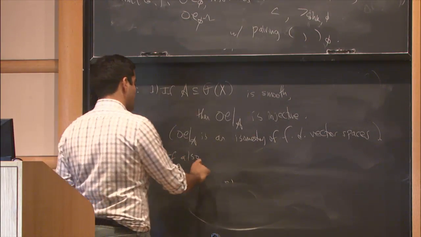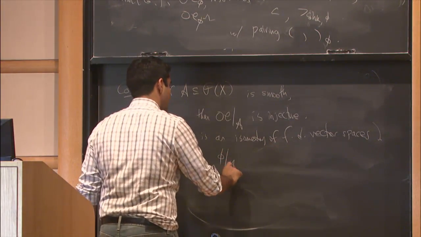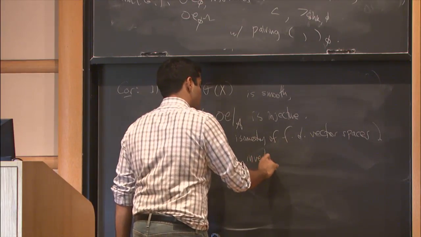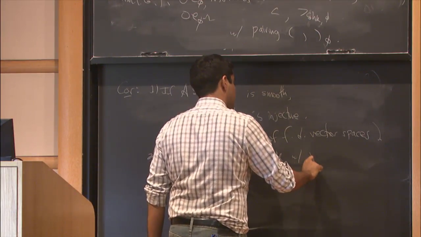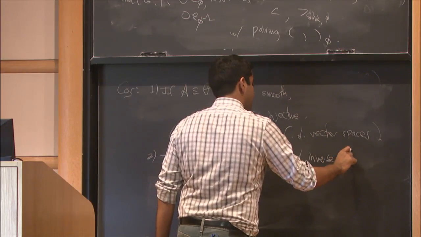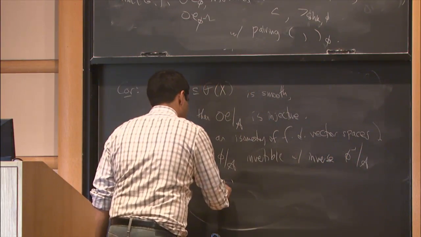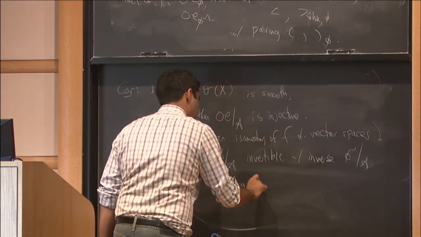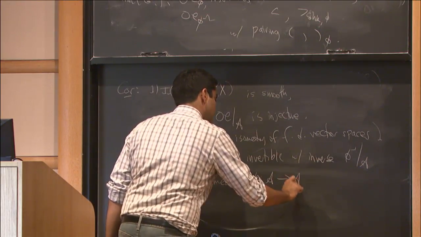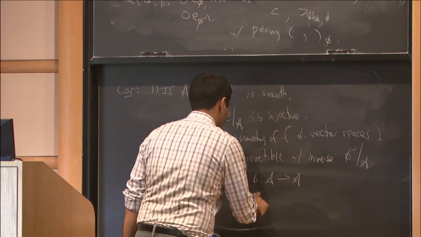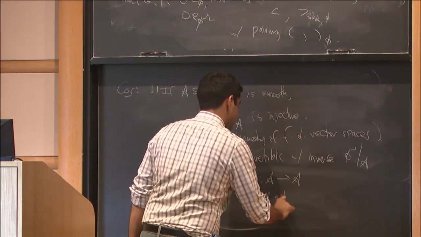Similarly, if you also knew that phi restricted to A was invertible, with inverse phi inverse restricted to A, meaning either that phi preserves the category or A split generates.